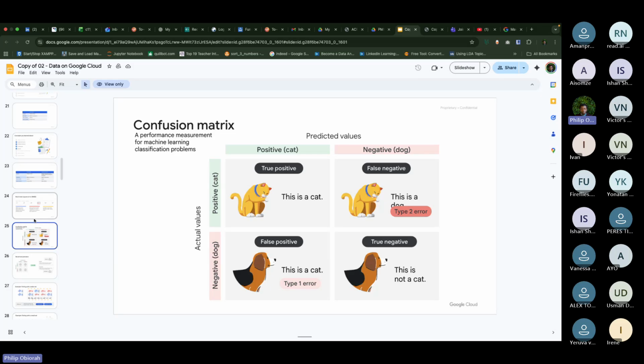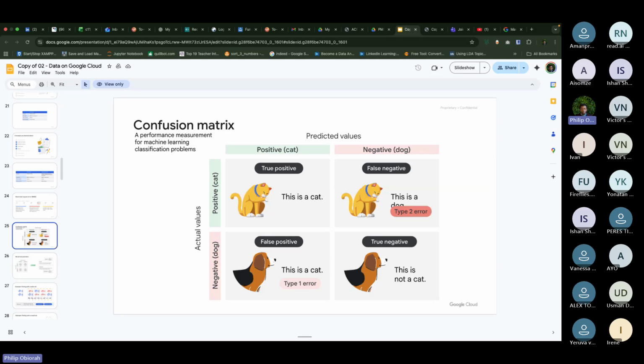Now, this is a concept we've already talked about, the confusion matrix. When you're evaluating the model, at some point you have to look at the confusion matrix: true positive, false negative. False negative is usually the type 2 error.